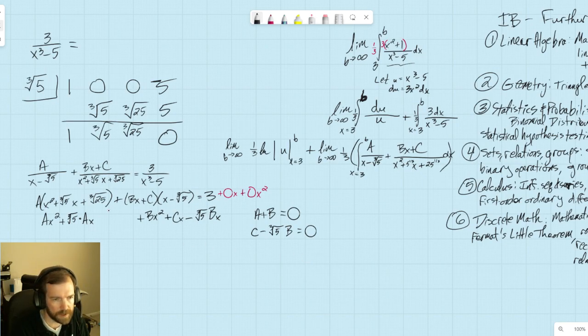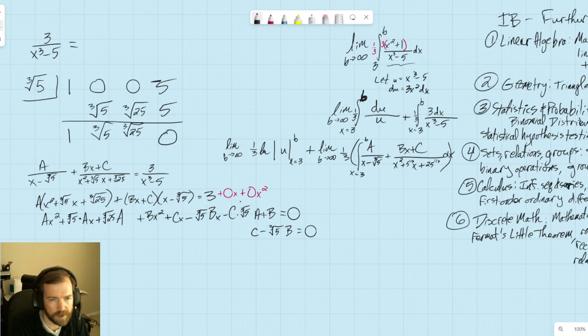And then our constant terms are going to be cube root of 25 times a plus c times minus cube root of 5 times c.